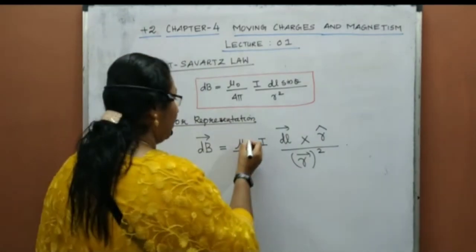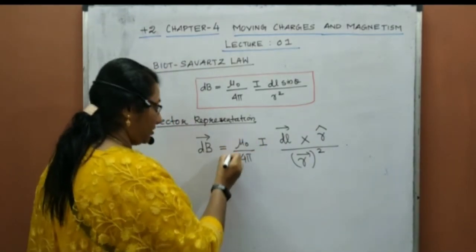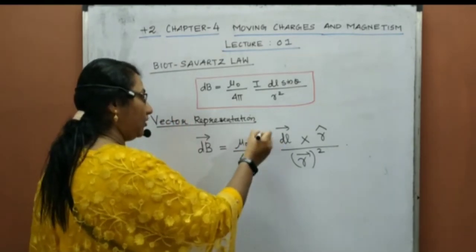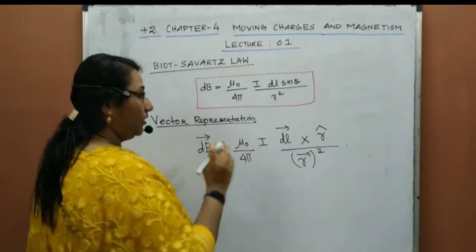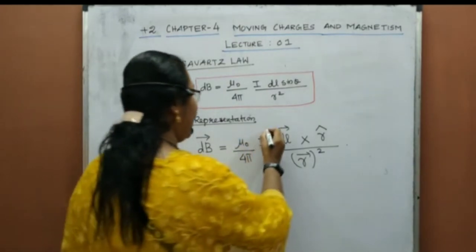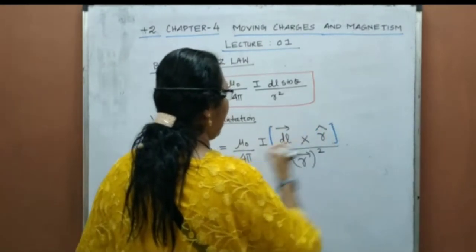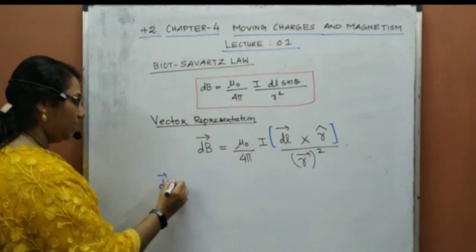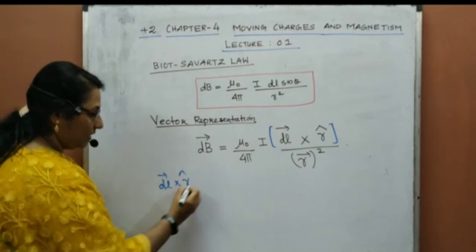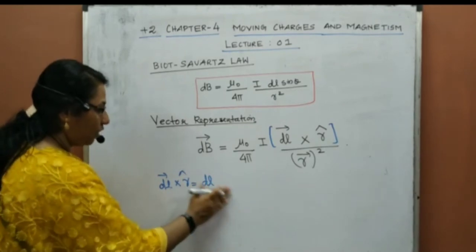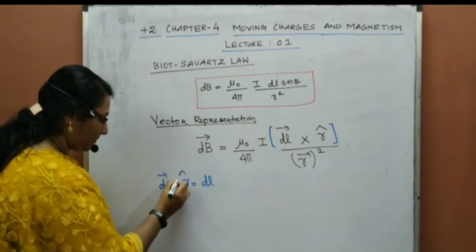Mu 0 by 4 pi is a constant, no vector form. Current is a scalar quantity, no vector form. Now, the vector form is represented as dl cross r. What is the magnitude of dl cross r?